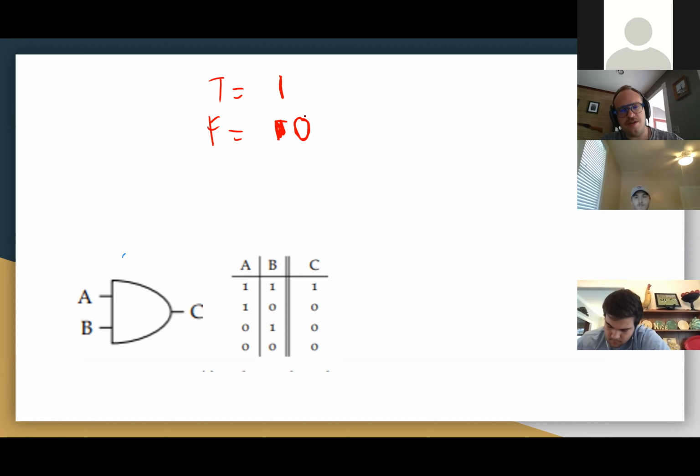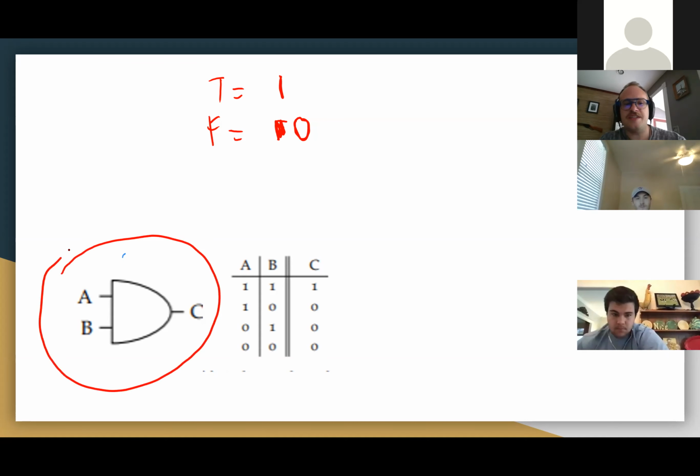So in computing, in order to perform operations on inputs into a machine, logic gates are used. So logic gates are these things, or that's how we draw them. And logic gates come with a table of operations. So given certain inputs, they'll produce this output C. You'll probably notice that this table of operations is pretty similar to another thing we used in our class, and that's truth tables.